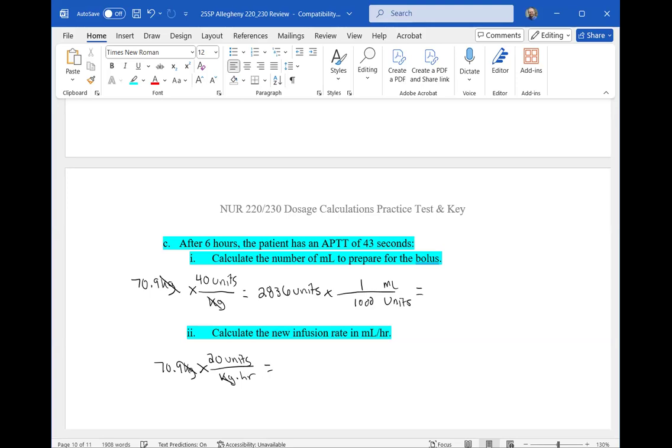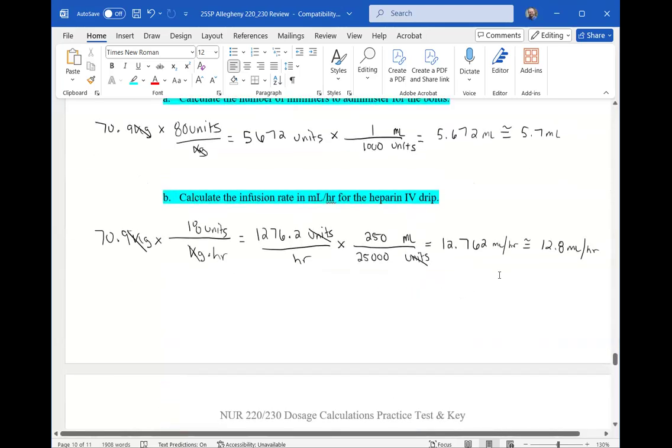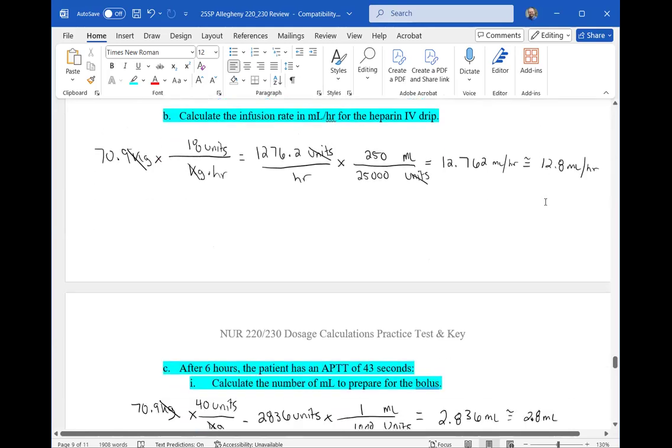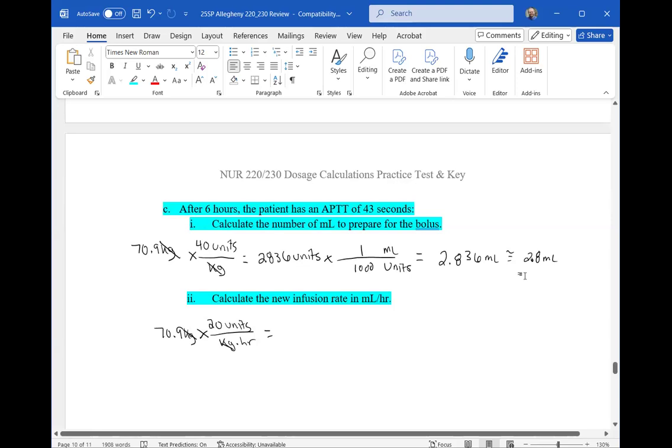Which gives me an answer of 2.836 milliliters, which we're going to round to 2.8 milliliters. And 2.8 should be half of our original, approximately half, 5.7, 5.6, but 2.8 milliliters.